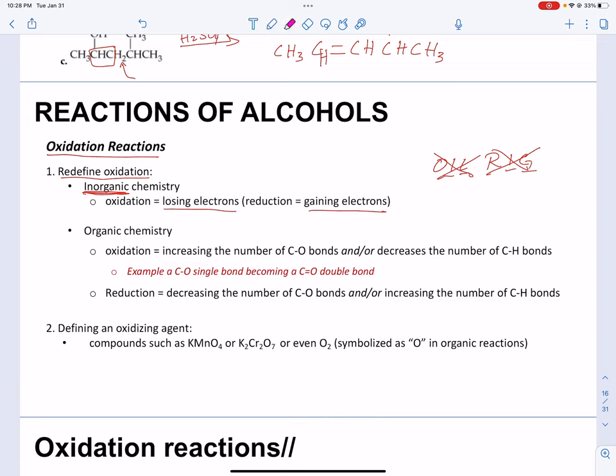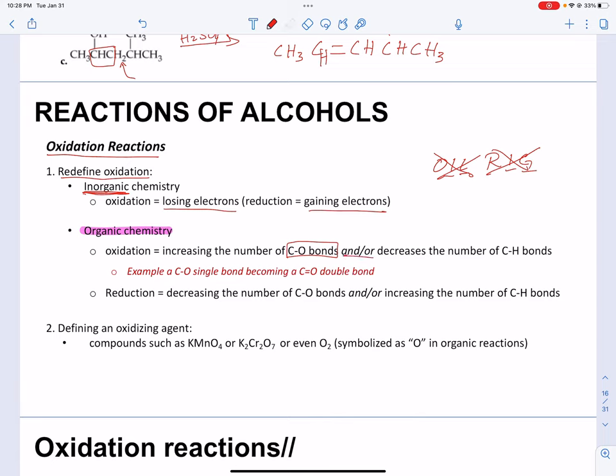So specifically in organic chemistry, we're going to think of oxidation as an increase in the number of carbon-oxygen bonds. So you're going to be always counting how many carbon-oxygen bonds you have from here on out. An increase in the number of carbon-oxygen bonds and/or a decrease in the number of carbon-hydrogen bonds.